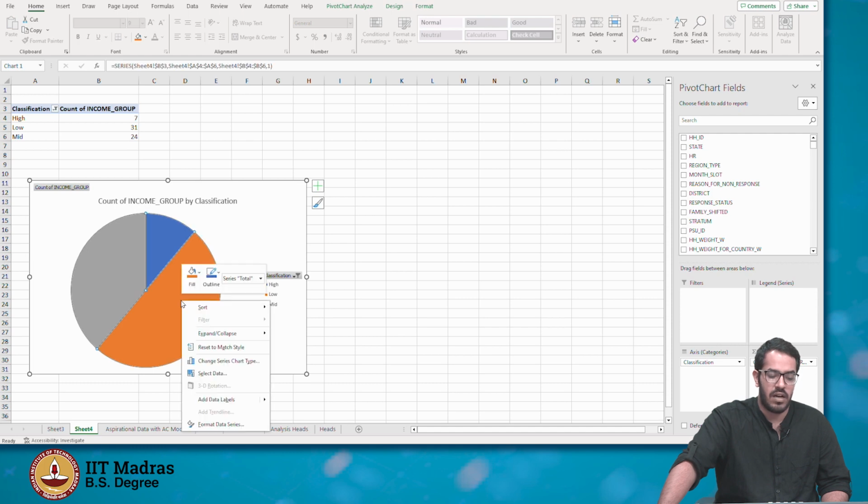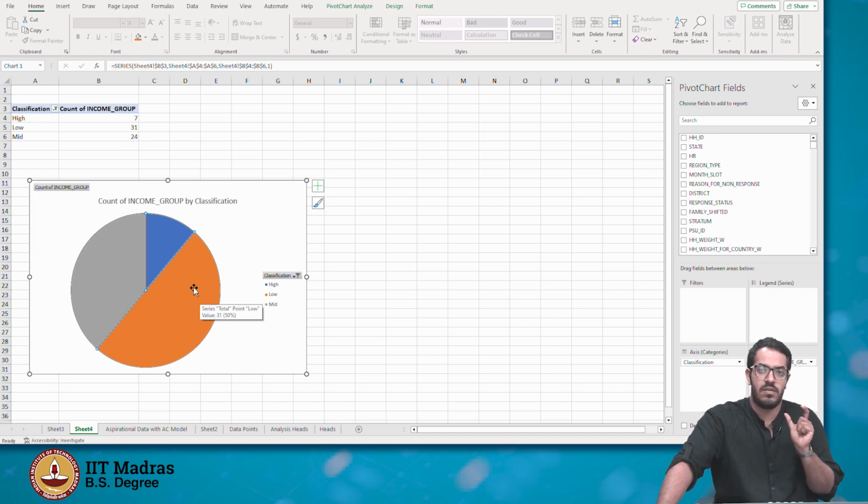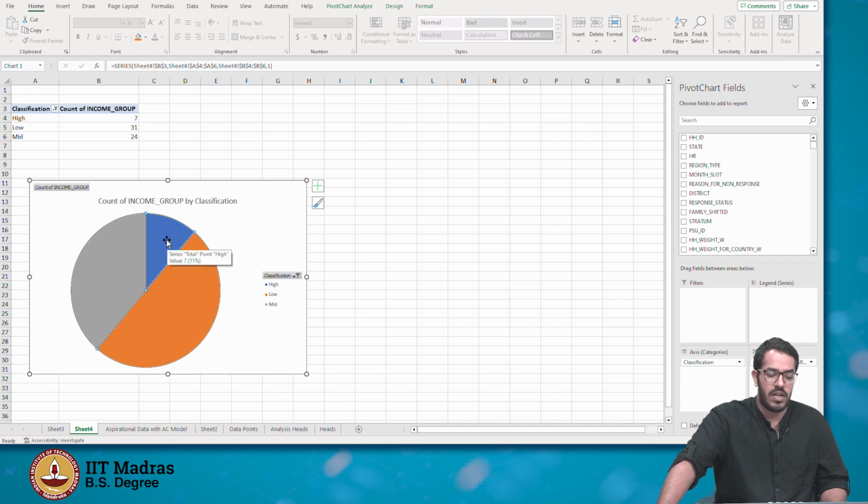Of course, I can add the data labels also, which will give me all these details, but just to get a quick view, MS Excel allows me with this little data balloon. So 31 people out of 62 are in the low income category, 7 people are in the high income category, and the rest 24 are in the medium income category.